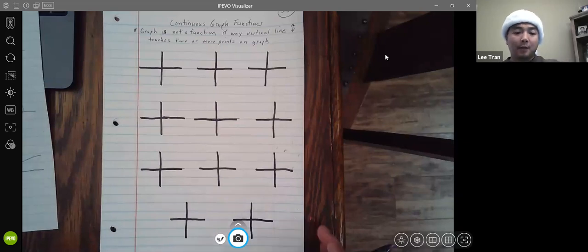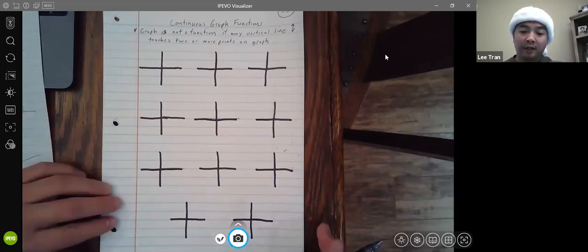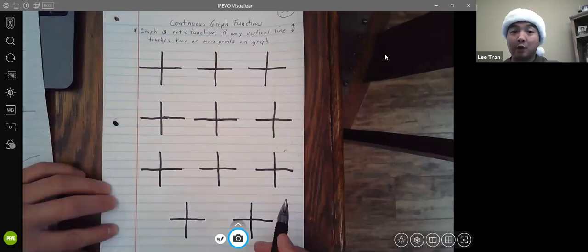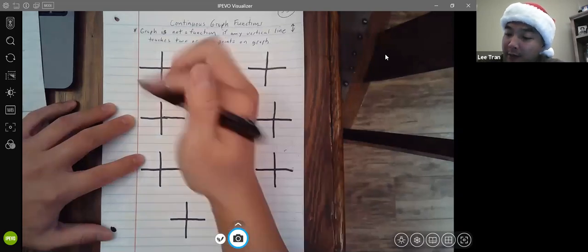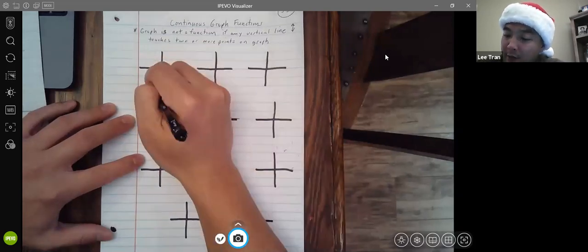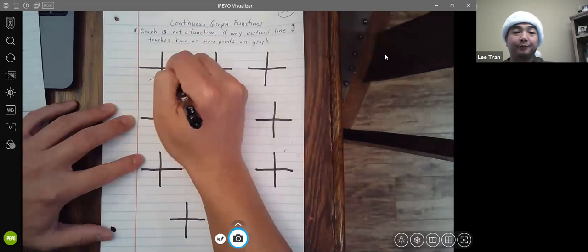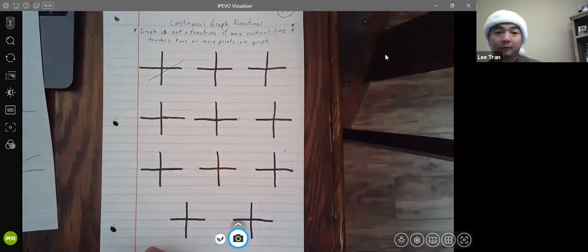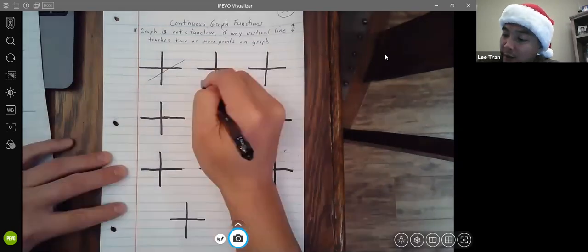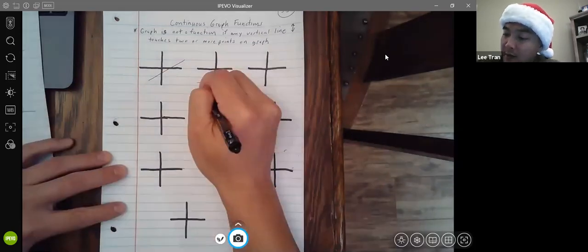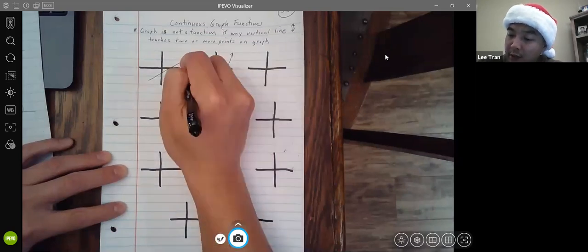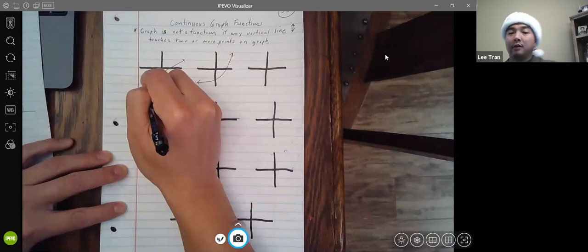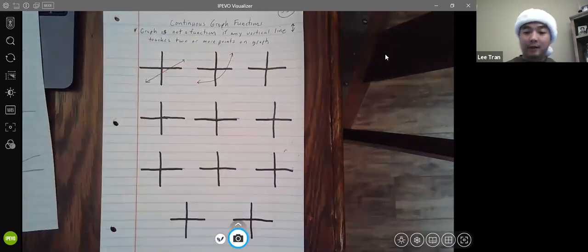Okay, now I'm going to draw in some graphs. On the first graph, I'm just going to draw a diagonal line, any diagonal line. Okay, so I'm just going to make mine like that. On the second one, I'm going to do this. If you want, you can put the arrows showing they keep going to the left and to the right.